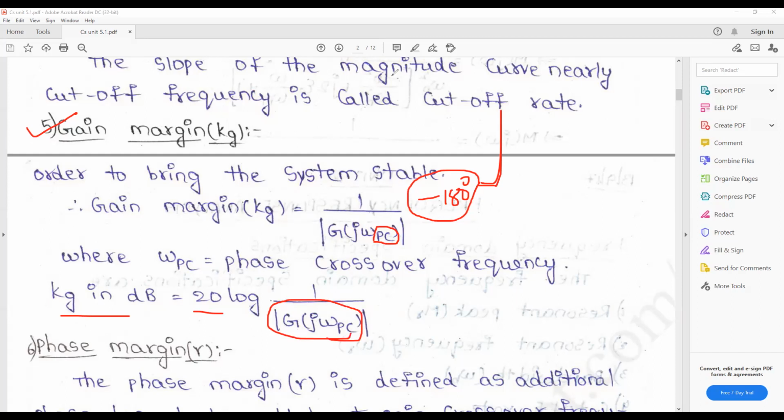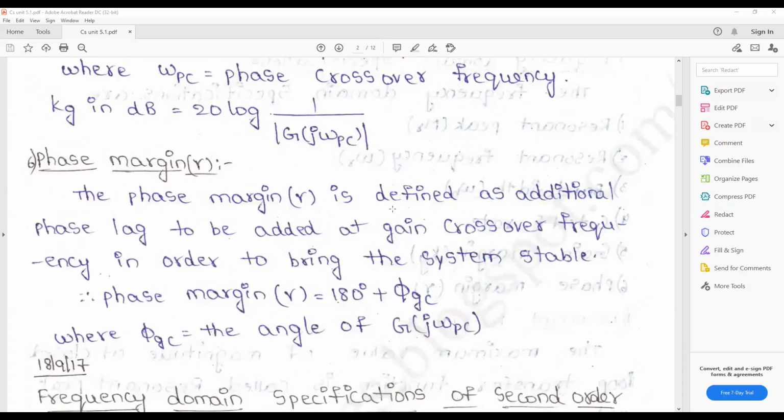Okay, and the phase margin. The phase margin is defined as the additional phase lag to be added at the gain crossover frequency in order to bring the system to the verge of instability. So what is the formula of phase margin?